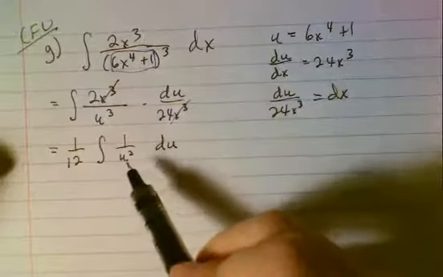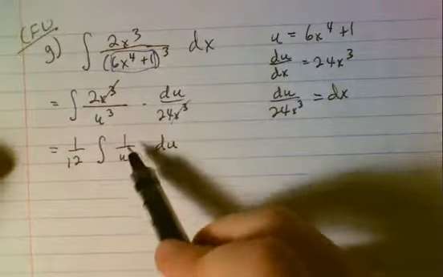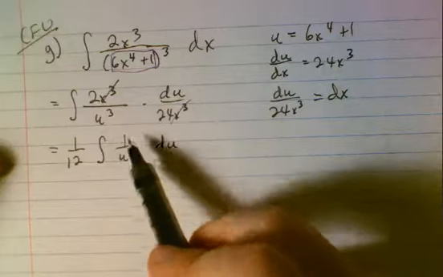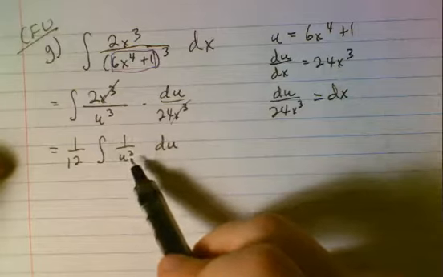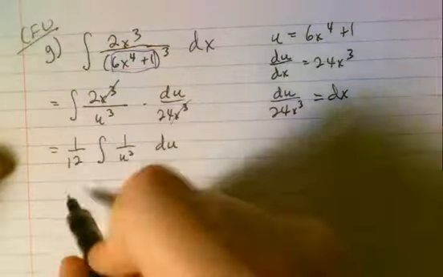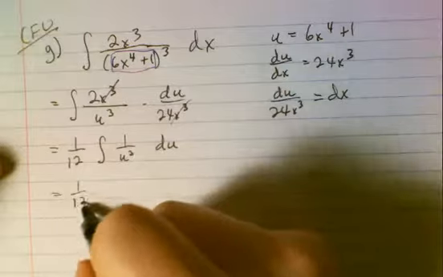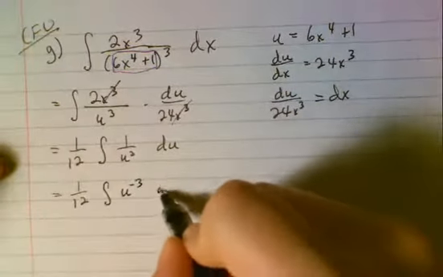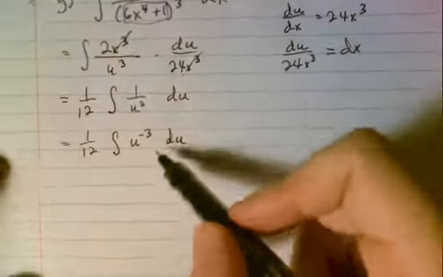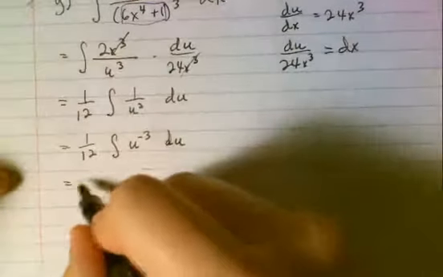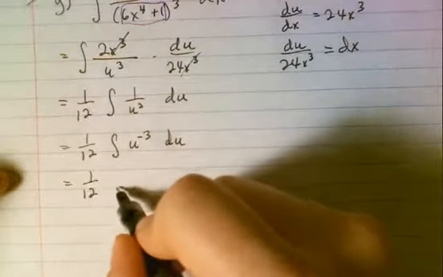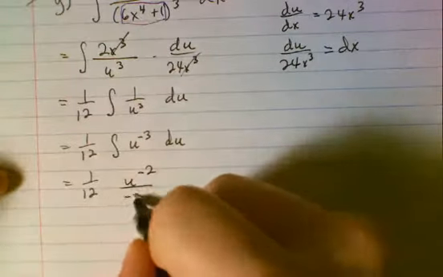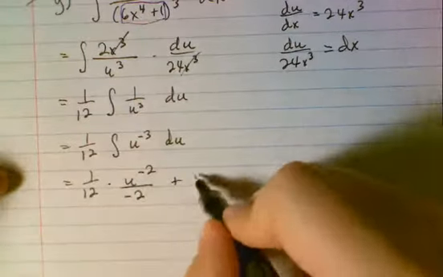Now, looking at this u to the 3rd, remember, the natural log is the antiderivative of 1 over u to the 1st power, not u to the 3rd. If we have this with an exponent there, we can rewrite this like this and just take it like normal. We're going to add 1 to the exponent, divide by the new exponent, plus c.